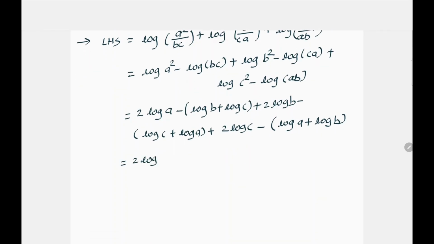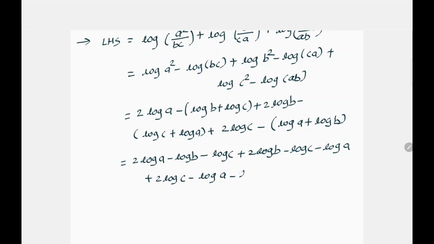So we get 2 log A minus log B minus log C plus 2 log B minus log C minus log A plus 2 log C minus log A minus log B.